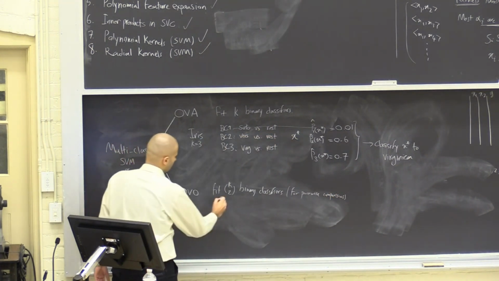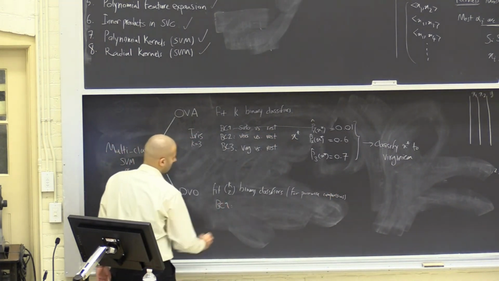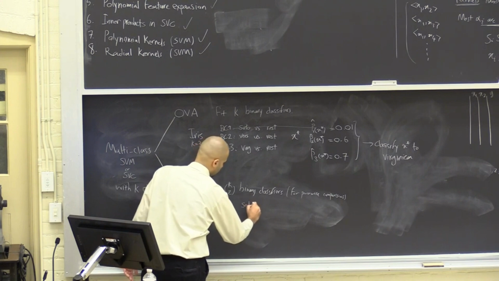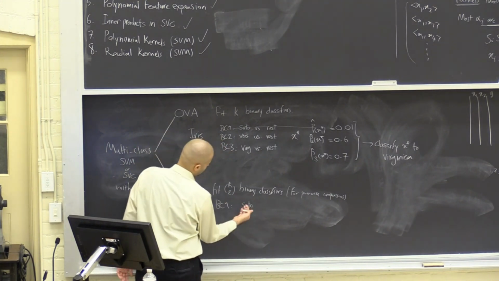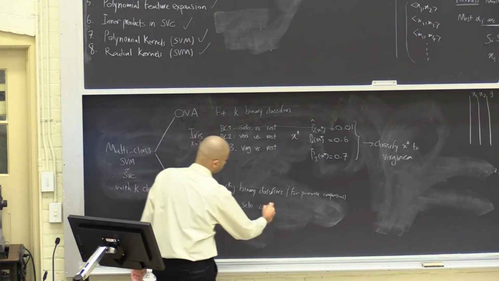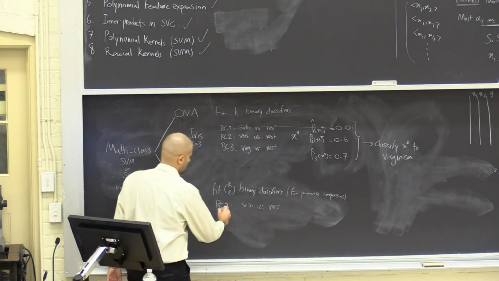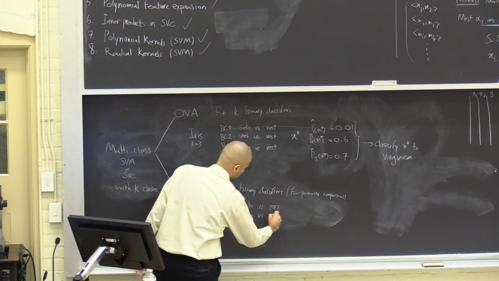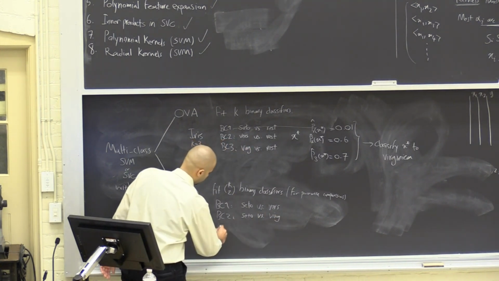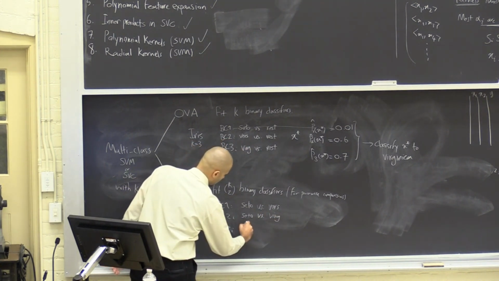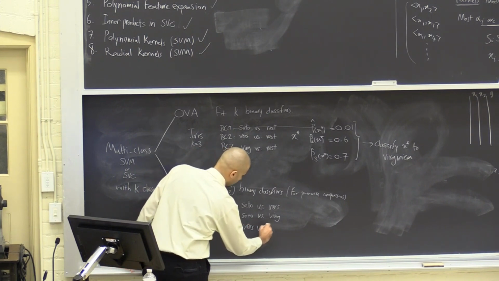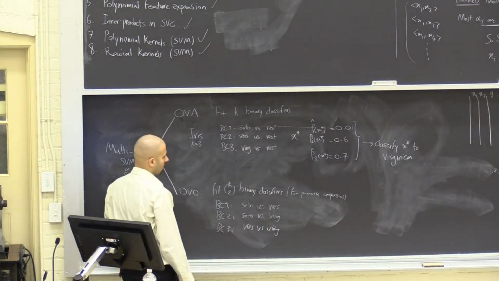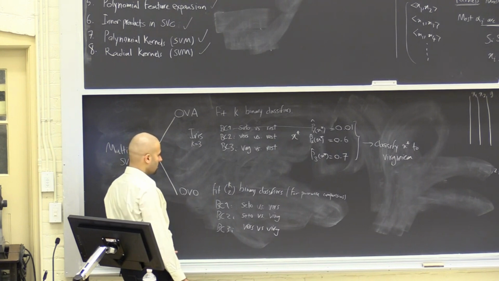So let's say there is some binary classifier 1 that distinguishes Setosa from Versicolor. There's a second binary classifier that distinguishes Setosa from Virginica. Binary classifier 3 has Versicolor versus Virginica. So we have these 3 binary classifiers.